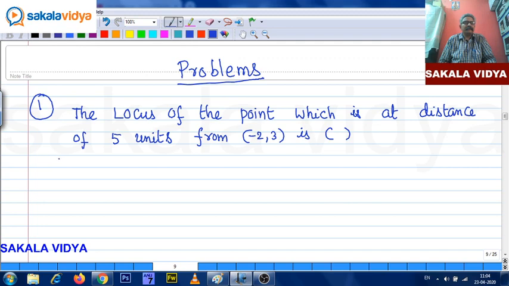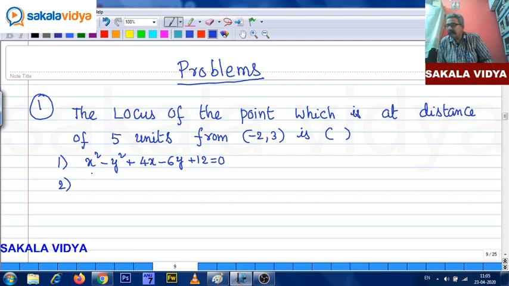First one, x square minus y square plus 4x minus 6y plus 12 is equal to 0. Second one, x square plus y square plus 4x minus 6y plus 12 is equal to 0.